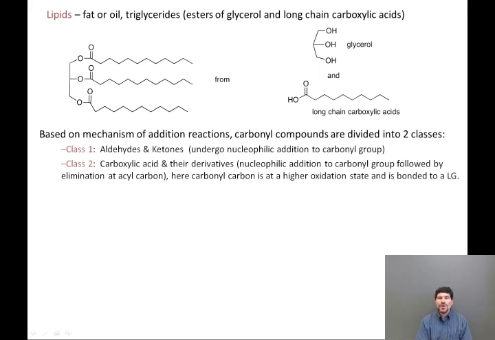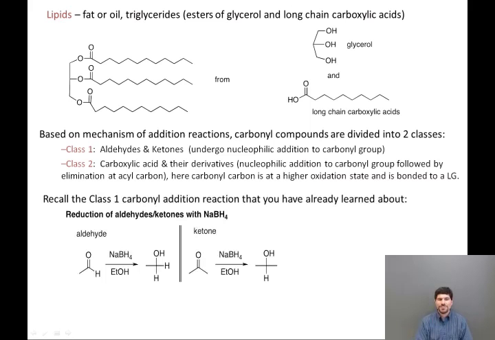We will have a lot to say about both of these classes of molecules in the next several videos, but this current unit is going to focus on the class 1 carbonyl reactions, and the next unit will focus on the class 2 carbonyl reactions.